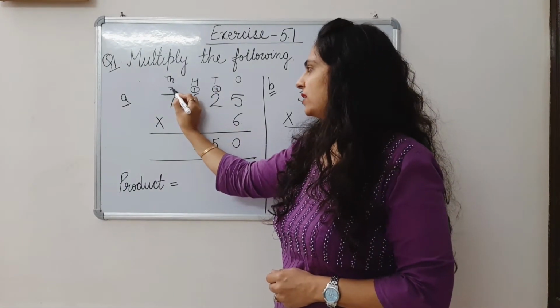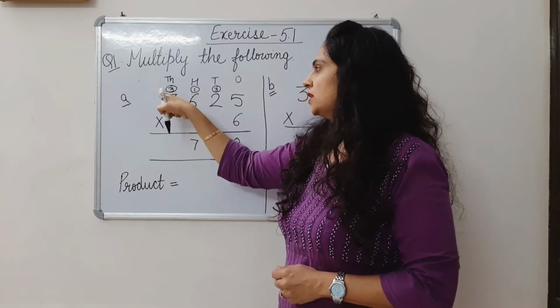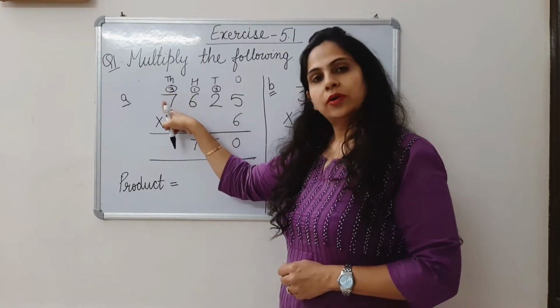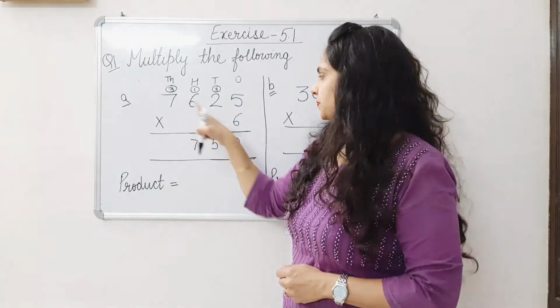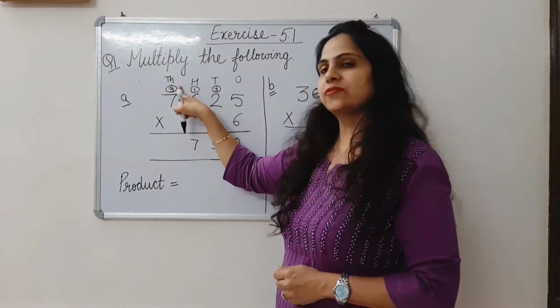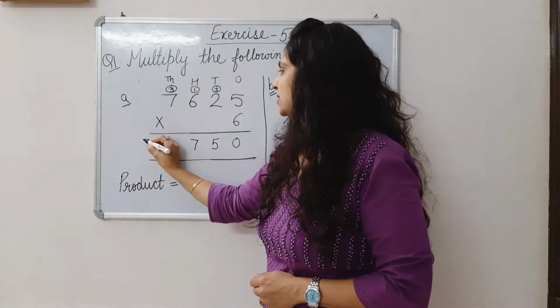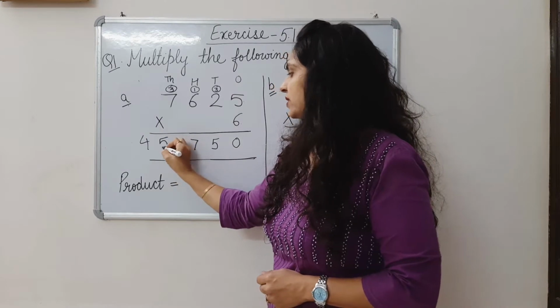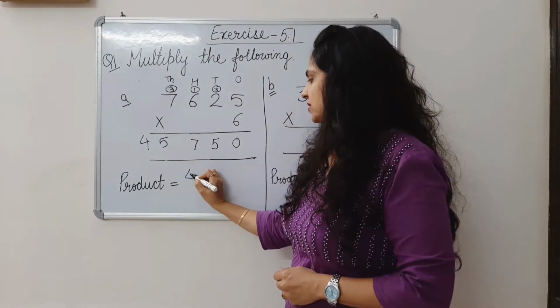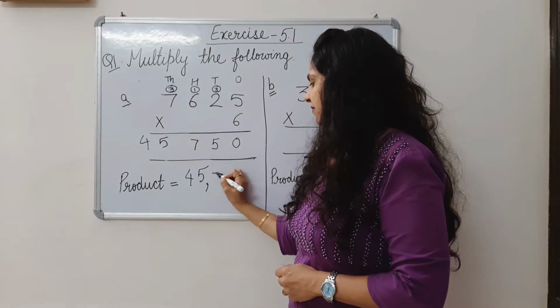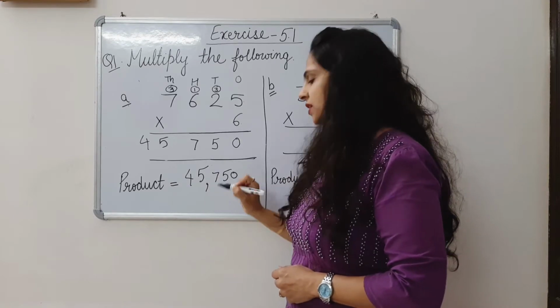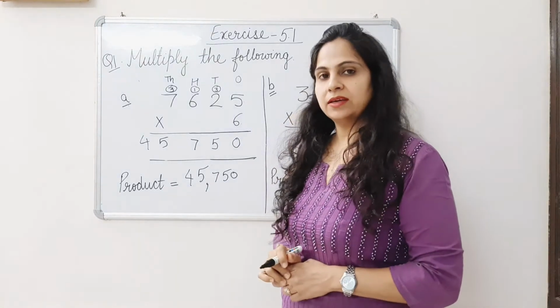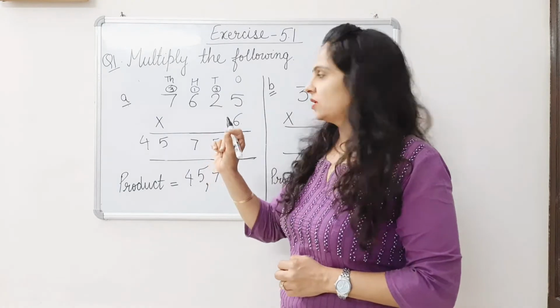Now we will carry 3 over the digit on thousands place. 6 7s are 42. 42 plus 3, that is 45. So our product is 45,750.